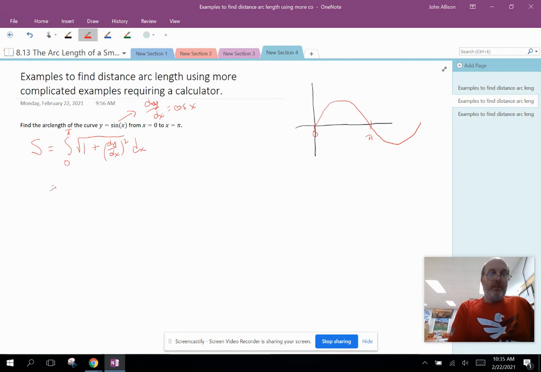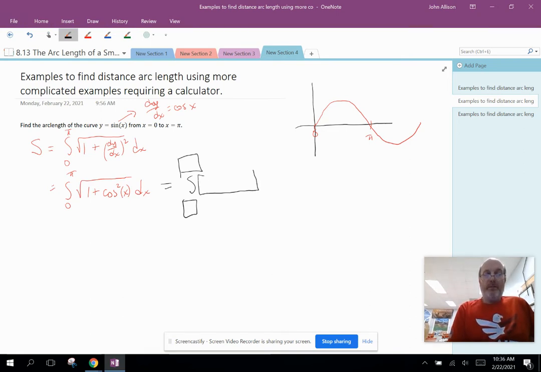So we enter in the calculator the integral from 0 to pi, square root of 1 plus cosine squared x, times dx. Now remember, I'll show you in a minute what the calculator syntax will look like for that. In our calculator, the box opens up when you do Math 9, with lower limit, upper limit, integrand, and then a box for the variable of integration.